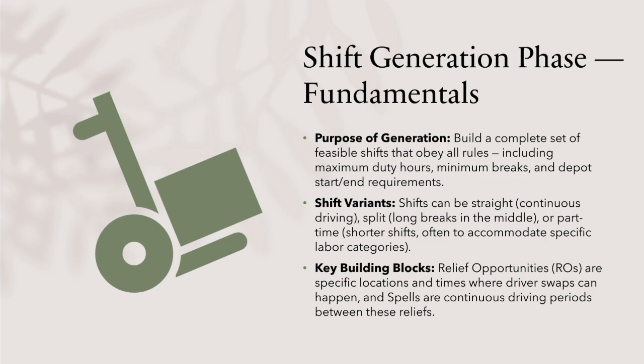We construct shifts around relief opportunities, specific times and locations where a driver can be swapped. Continuous work stretches between ROs are called spells. Mapping these elements smartly at the generation stage is critical for later success.